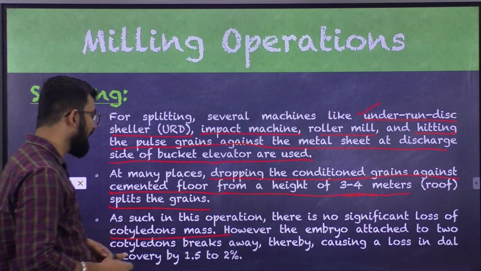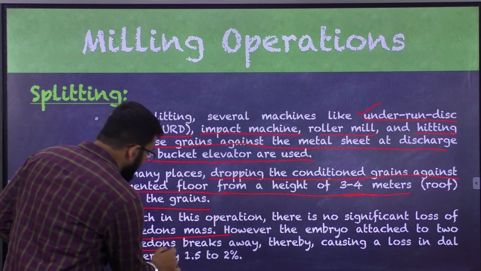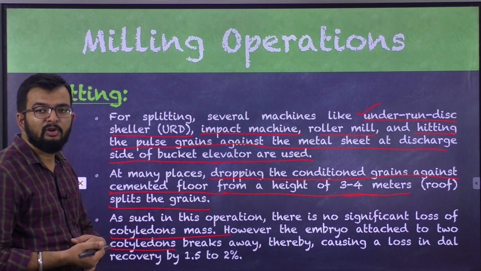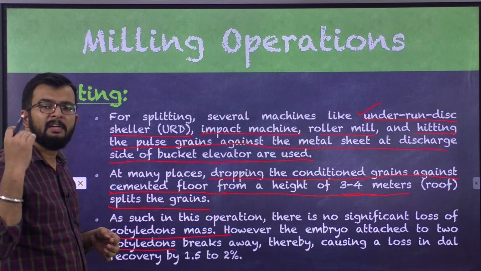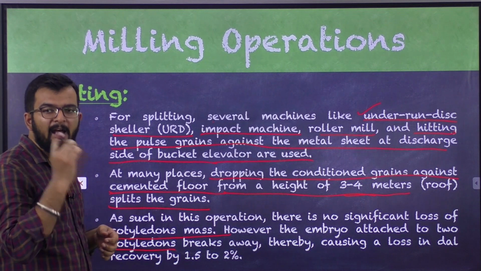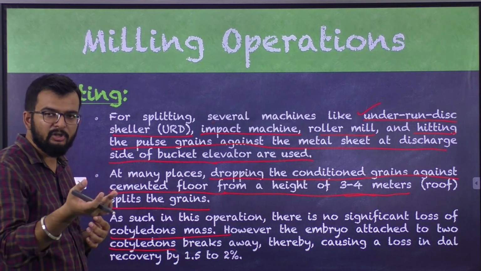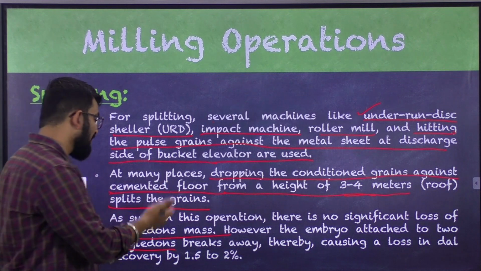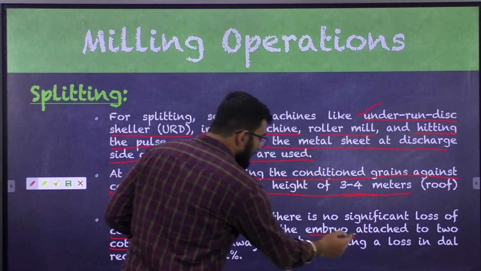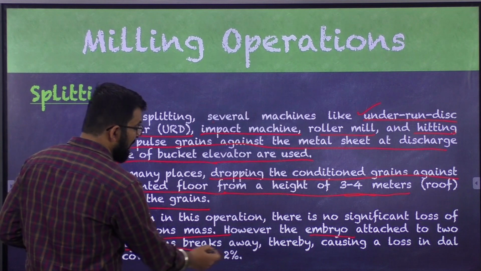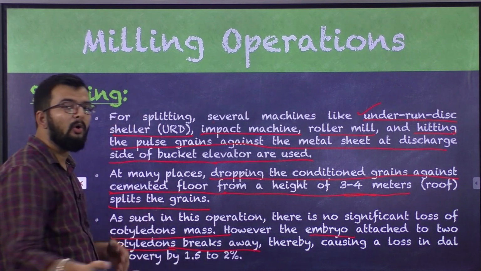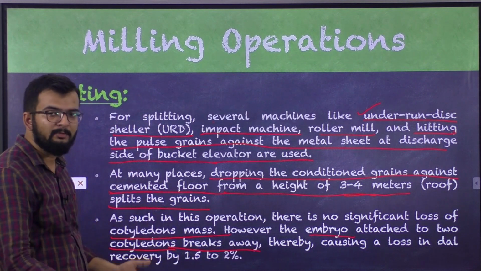However, the embryo is attached to the two cotyledons. When we studied the structure of the pulse grain, in any seed or grain there is an embryo or germ which causes germination of the grain. During this operation the germ or embryo gets loosened or lost while the cotyledon is being split into two.